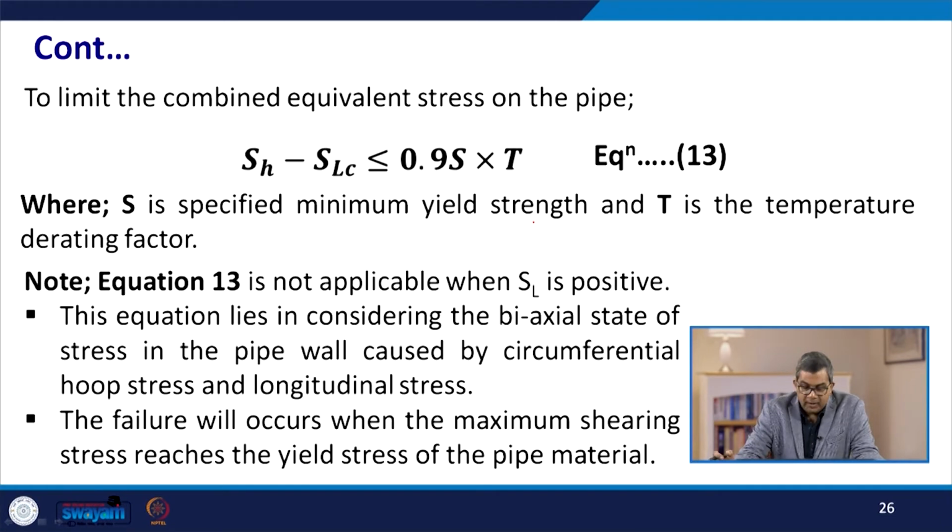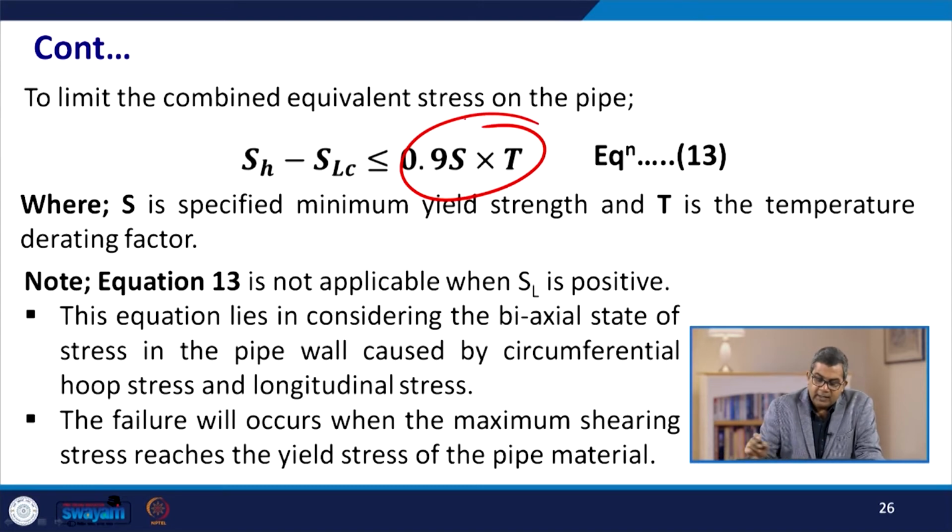Now, to limit the combined equivalent stress on the pipe, SH minus SLC is less than or equal to 0.9 ST, and that is equation number 13. Here S is the specified minimum yield strength and T is the temperature derating factor. This equation is not applicable when SL is positive.